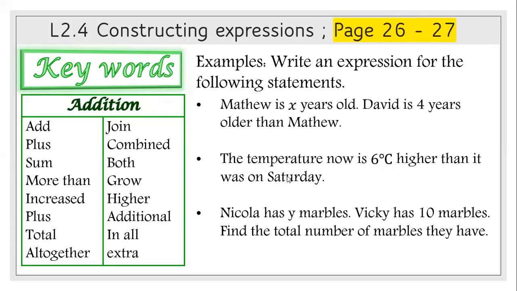It was on Saturday. Do you know what's the temperature on Saturday? No. So can you put a letter for it? No. Why not? You don't know what's the value of it. If there is something you don't know the value of, you're going to put instead of it a letter. If you do know the value, you're going to put the value. So which letter do you want to use?